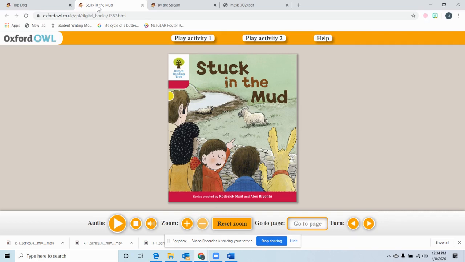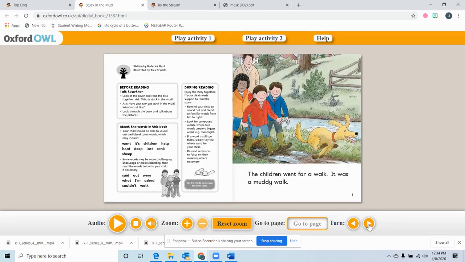Do you think they might help the sheep? Maybe, right? Let's do some more previewing. Let's look through the book. Think about what you think's happening here. Did you say they're taking a walk? And it looks like it may have rained, and so it's muddy, and they all have boots on. Did you say that? And look, the dog's paws look muddy already, don't they?